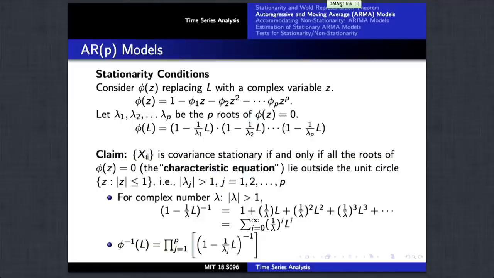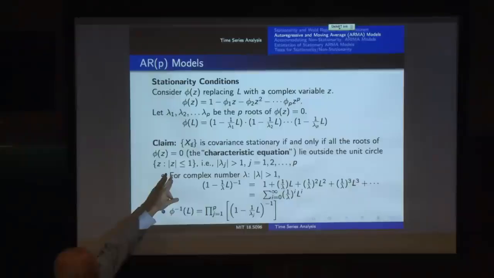And it turns out that we'll be interested in the roots of this characteristic equation. Now, if we consider writing phi of L as a function of the roots of the equation, we get this expression where you'll notice if you multiply all those terms out, the ones multiply out together and you get 1.